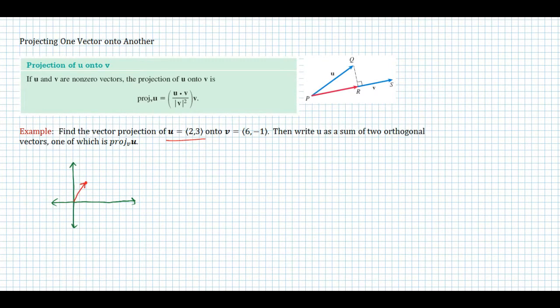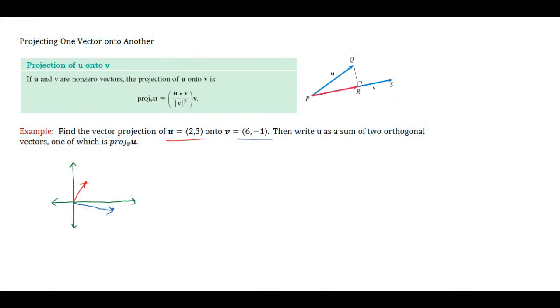And then (6, negative 1), I'll do that in blue. 6, so that's 3, 6, negative 1 is right there, and that is my v vector. And I want to project u onto v. In other words, how much work is the red one doing in the direction of the blue one? It is helping, it's moving it to the right a little, but how much is it actually helping? That's what projecting means.